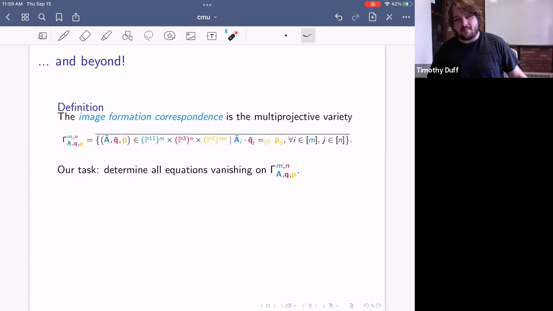And talking about functions vanishing on this Zariski open subset is equivalent to talking about functions that vanish on its Zariski closure. So this big bar is saying take the Zariski closure, and the task is to determine all equations that can possibly vanish on this multi-projective variety.